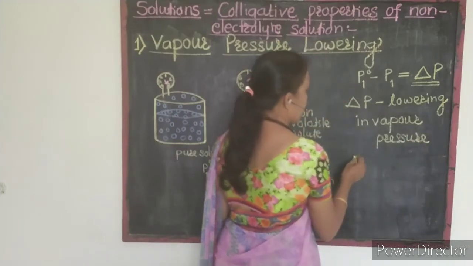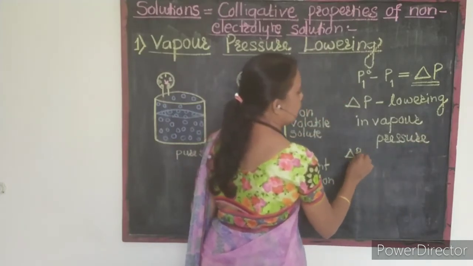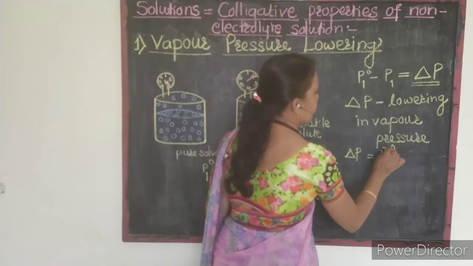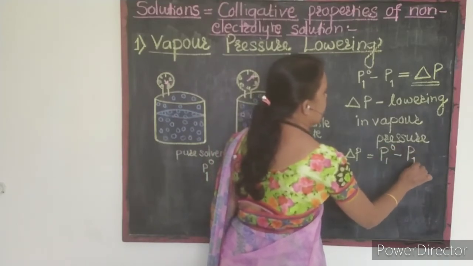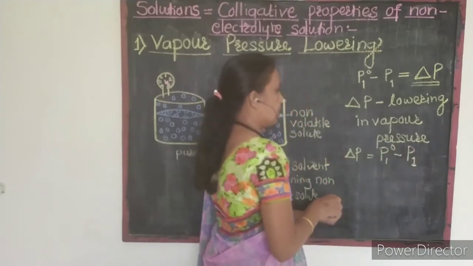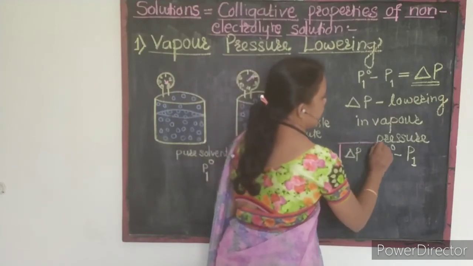Delta P is equal to P10 minus P1. This is the lowering in vapor pressure.